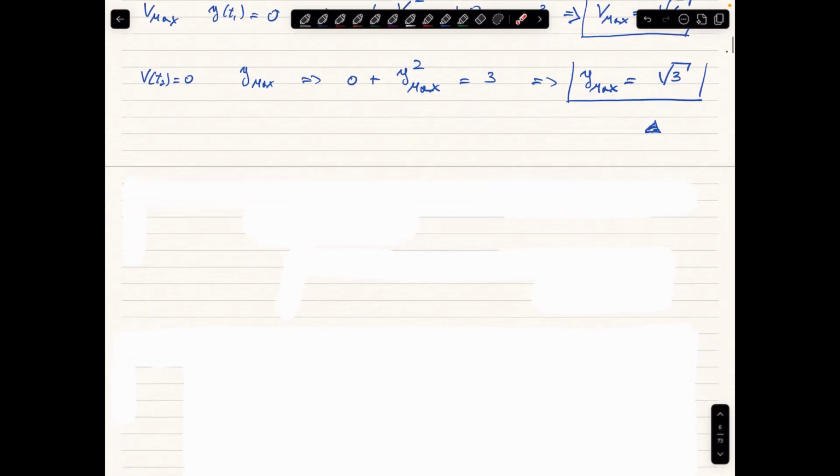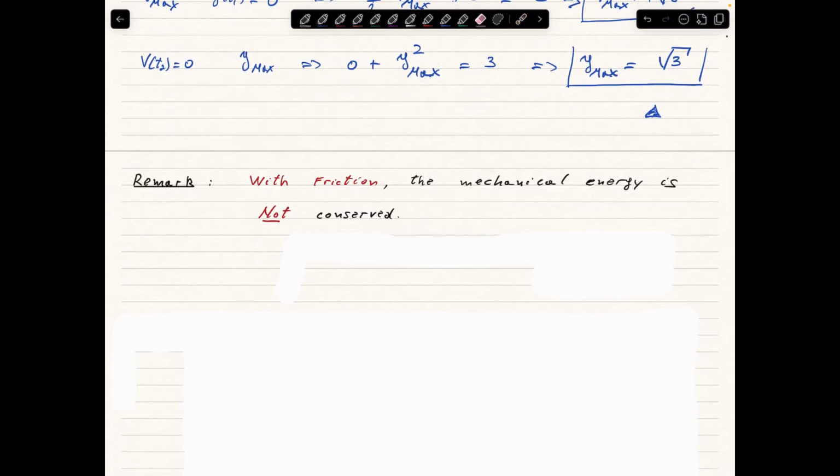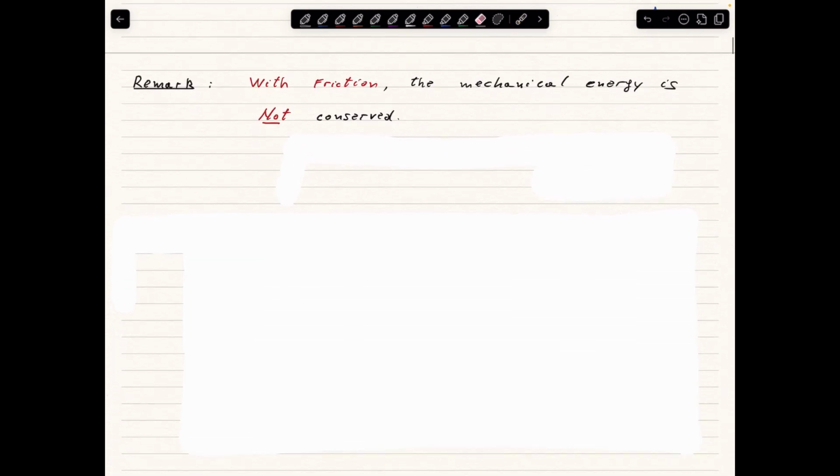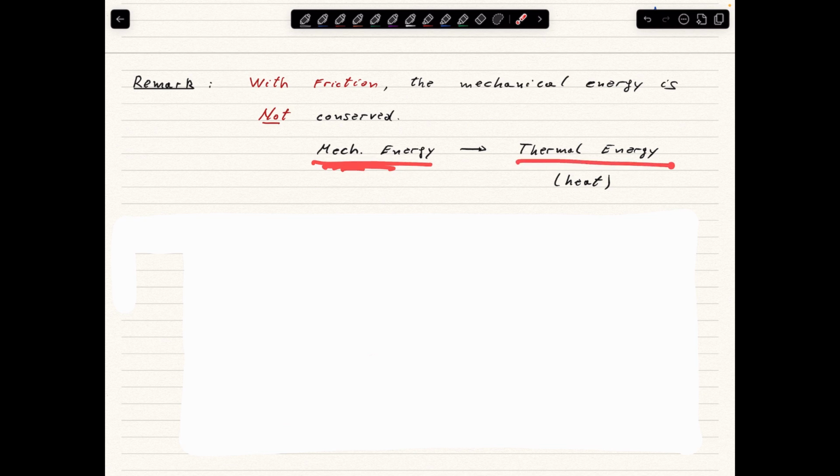What happens with the conservation of the mechanical energy when we have friction? Well, with friction, the mechanical energy is not conserved anymore. After much more study, people discovered that the mechanical energy is actually being transformed into a different type of energy that has to be defined and quantified, called thermal energy, heat, what we usually call heat.